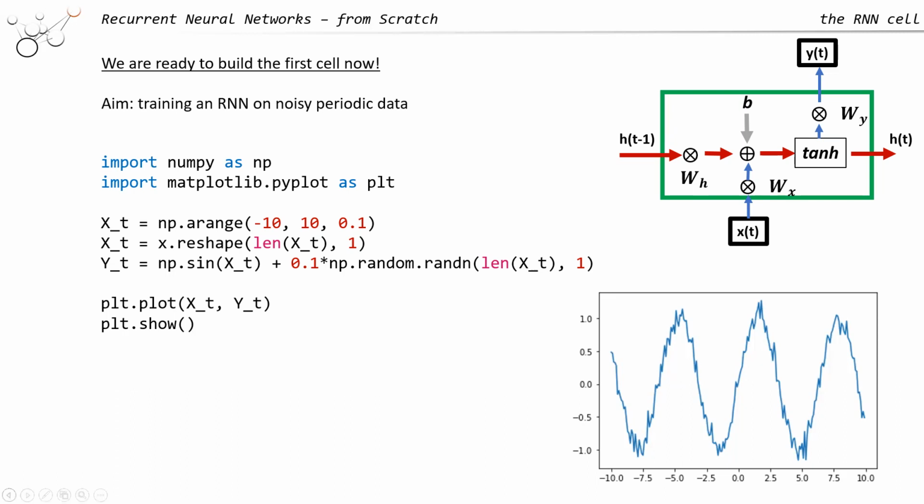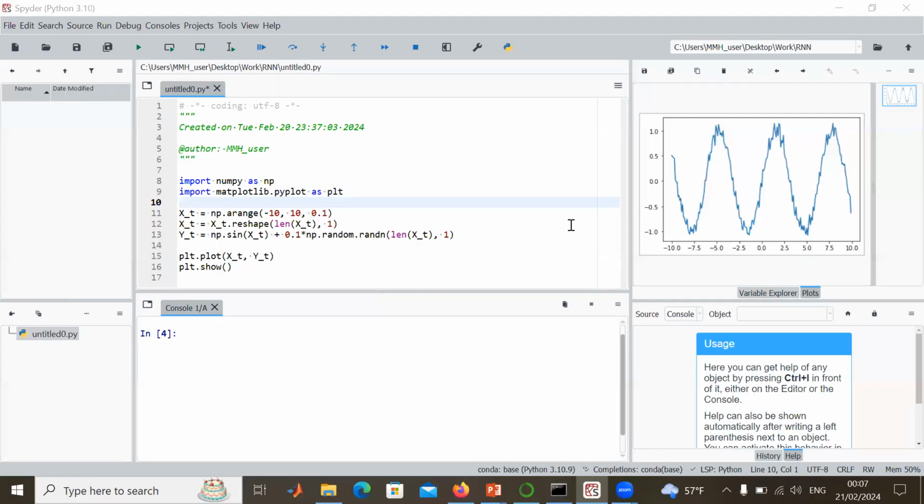So therefore, let's go back to our user interface and create the artificial data set in order to train our RNN on that. I shortened that a bit because it's just about creating a simple plot. So we create our artificial data set, and then we have our plot on the right-hand side.